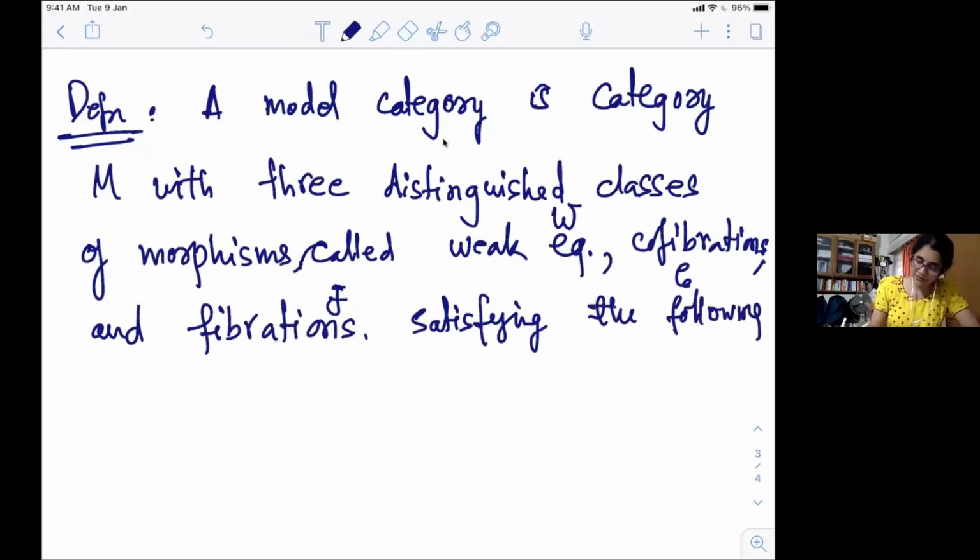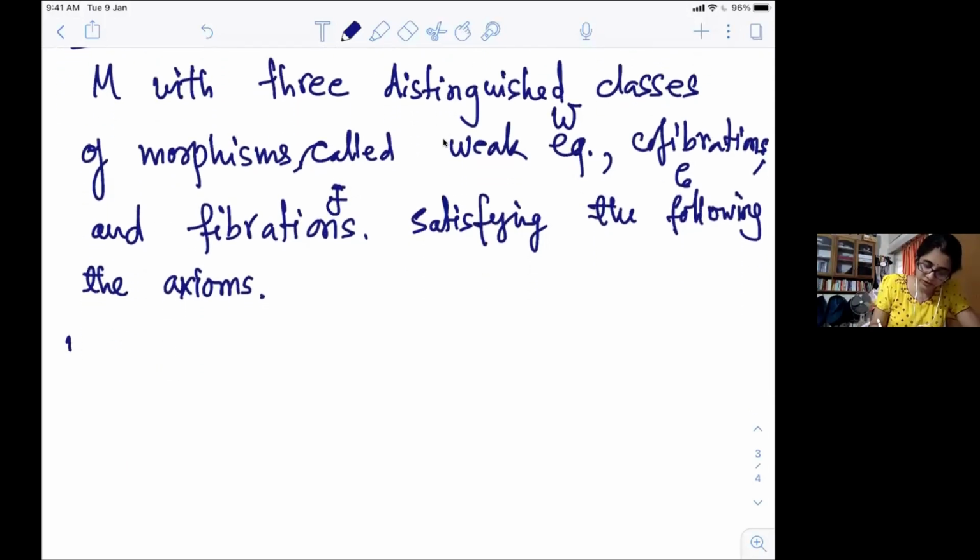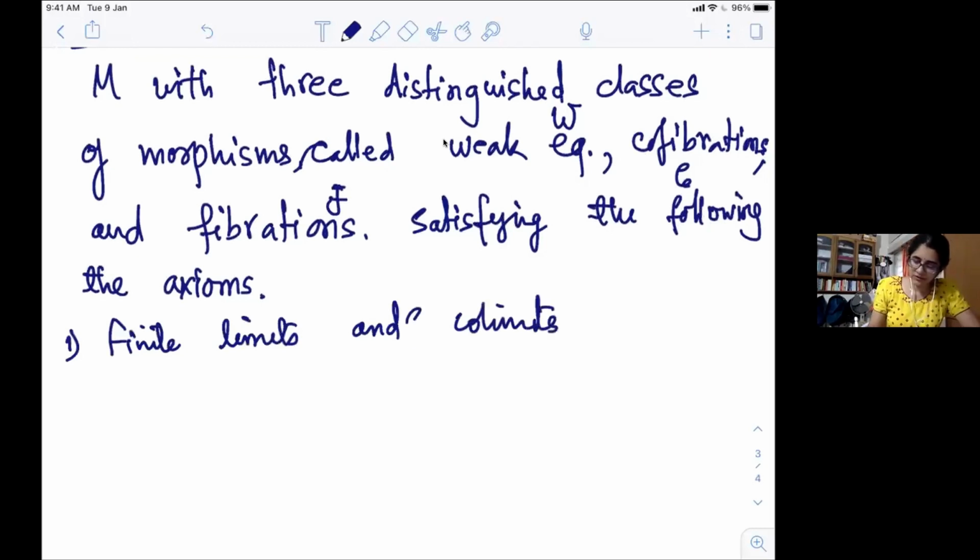I could have avoided writing the axioms, but it's good to see them at least once if you've not seen them before. Sometimes people assume all colimits and all limits exist. For now, I'll just assume finite limits and colimits exist, but you can ask for more.